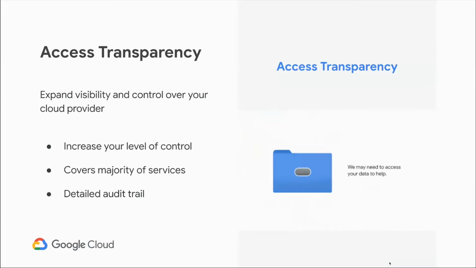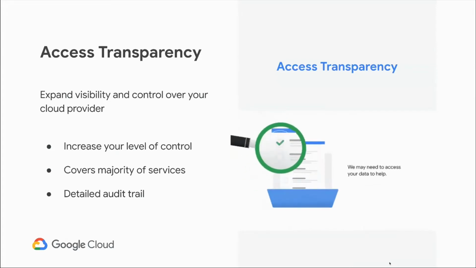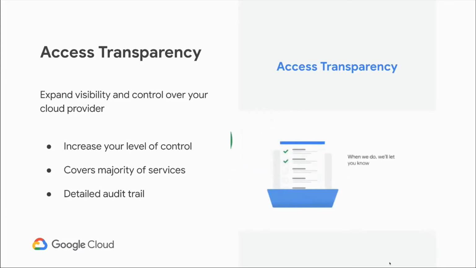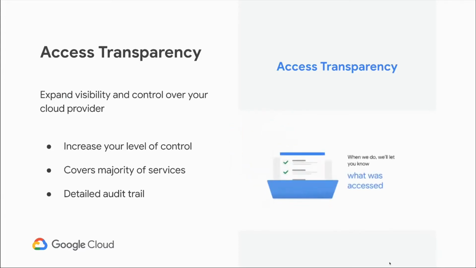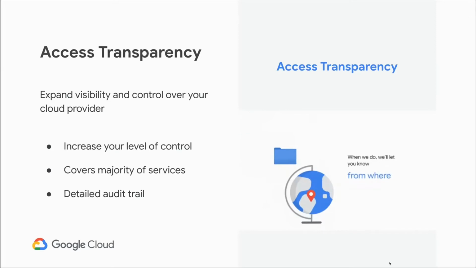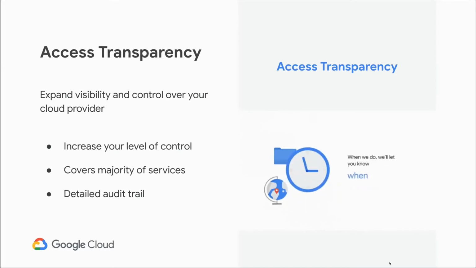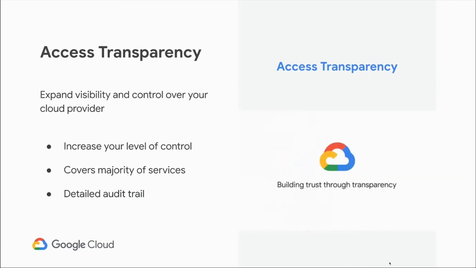Cloud audit logs can provide logs about actions taken by members within your own organization, right? That's pretty common, pretty standard. But we have a feature in Google Cloud called Access Transparency. And Access Transparency can provide logs of the actions taken by Google personnel.